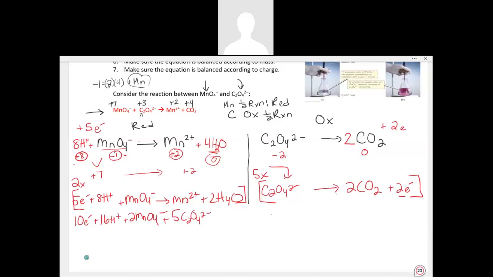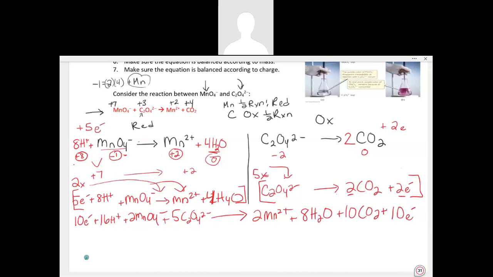And that's it for the reactants. Then I have my products. Don't forget the 2 over here for the manganese, so 2 Mn2+. Plus, oh, this should have been 4 H2O, so now I'm going to have plus 8 H2O. And then my other products will be 5 times 2, or 10 CO2, and 10 electrons.